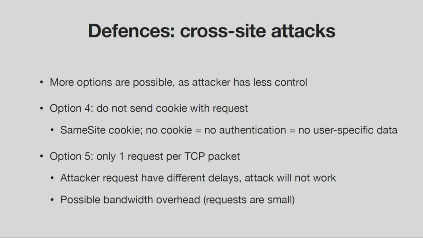If that's not the case, the requests triggered by the attacker will have different delays, and the attack might still work, but the performance will be very bad. This means that the attacker will need a lot of different measurements, and it might not be possible to get them in time.